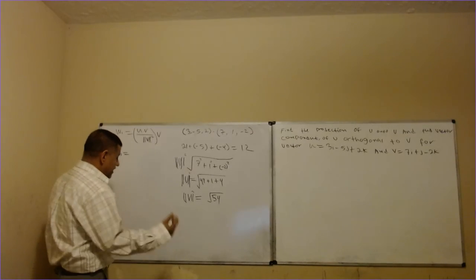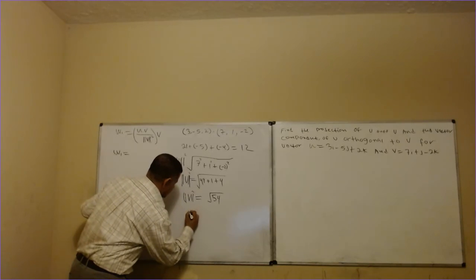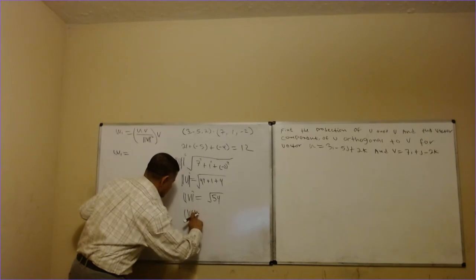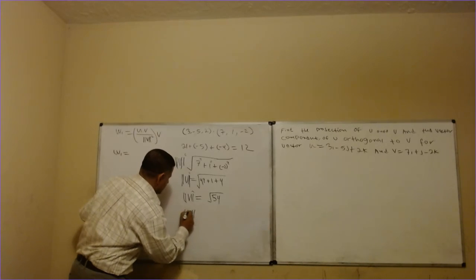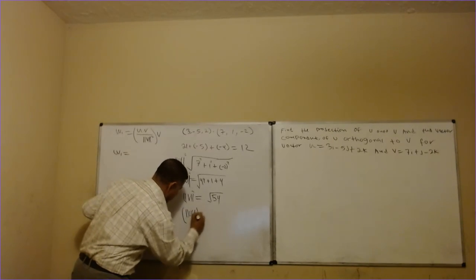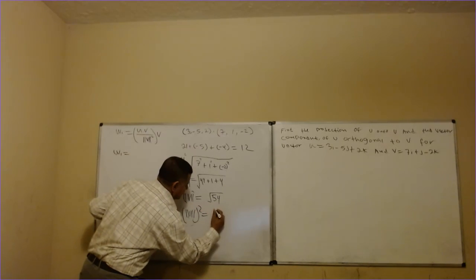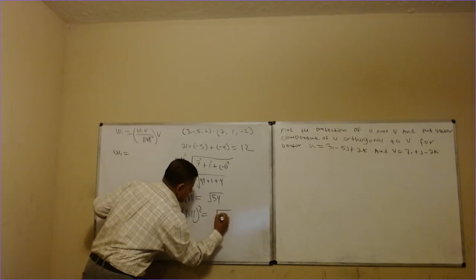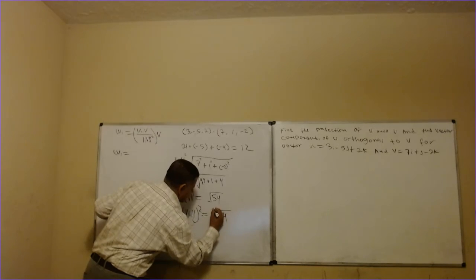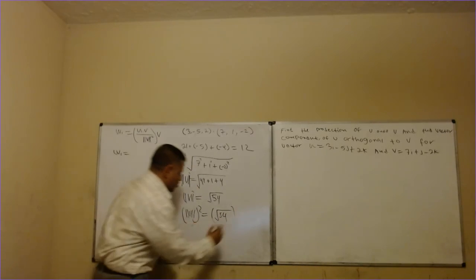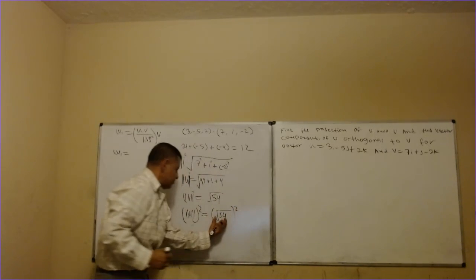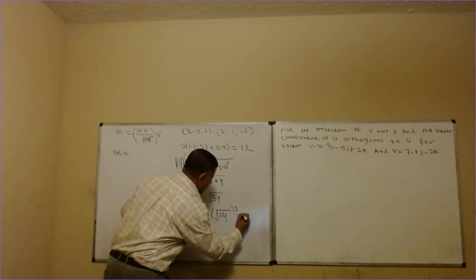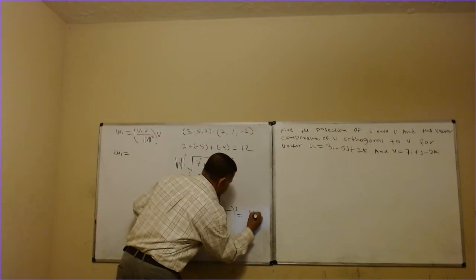I square on both sides, and I square this 54. When I square that, I get rid of the square root, which means it's equal to 54, right?